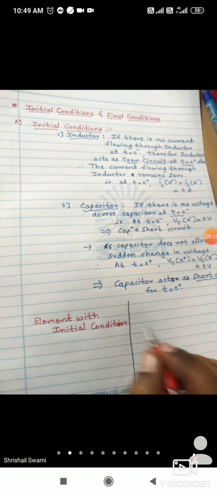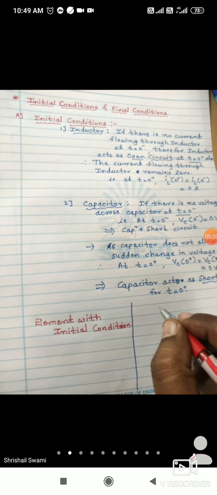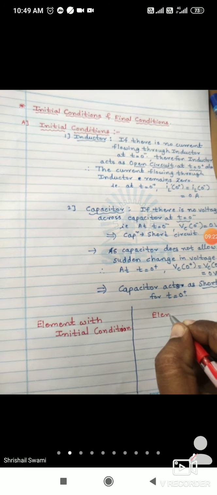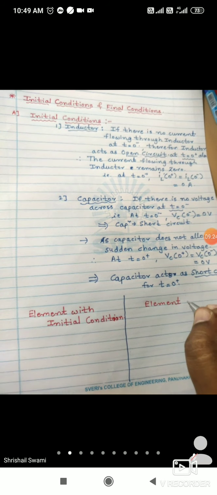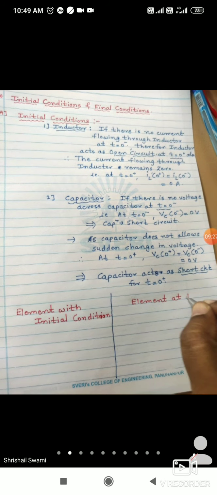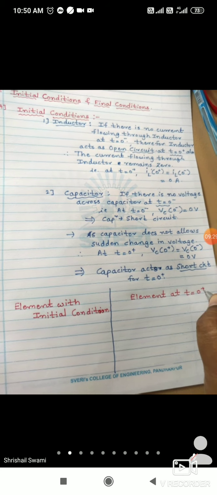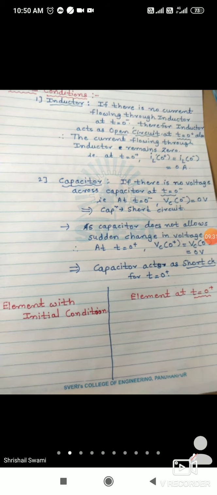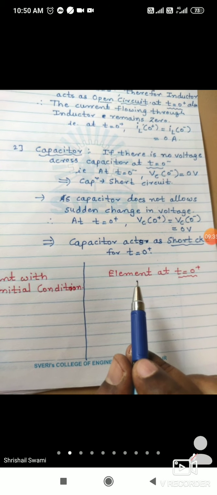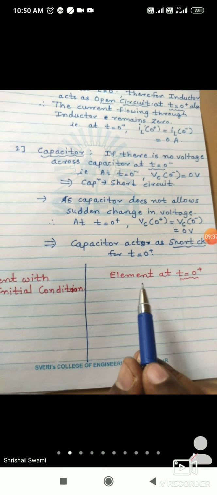So element with initial condition, and this element at t is equal to 0 plus. Okay, element with initial condition, and what will be the changes in the element at t is equal to 0 plus. So first of all we will talk about resistor.